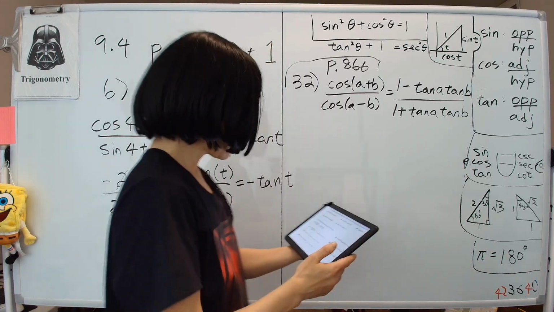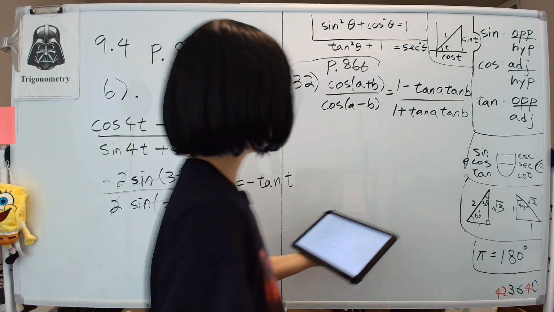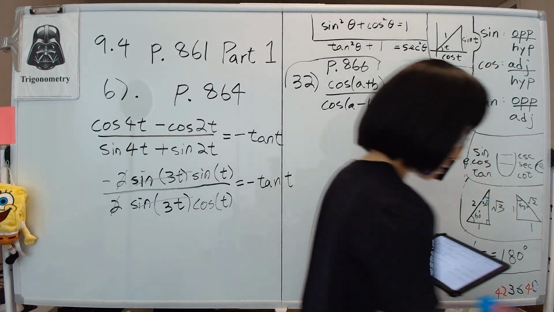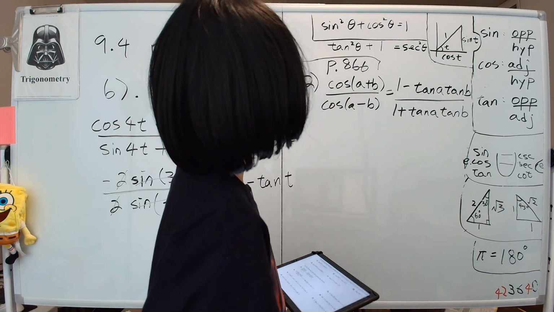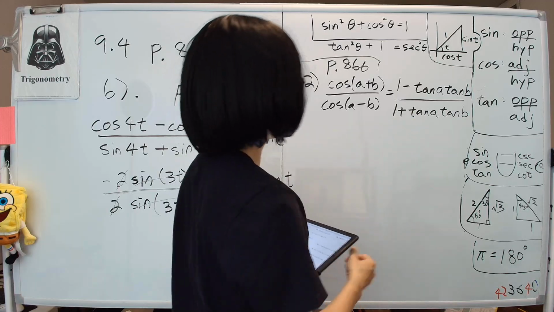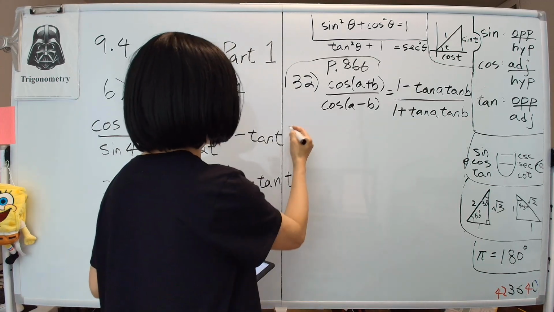So next, let's look at problem 32 on page 866, where we have this stuff here. Okay, it's hard to tell what it is. So let's start working on the right-hand side, because that's kind of confusing looking.